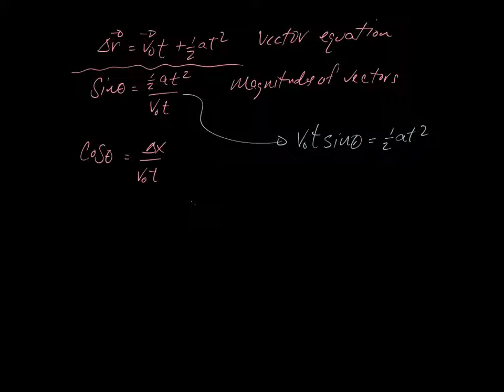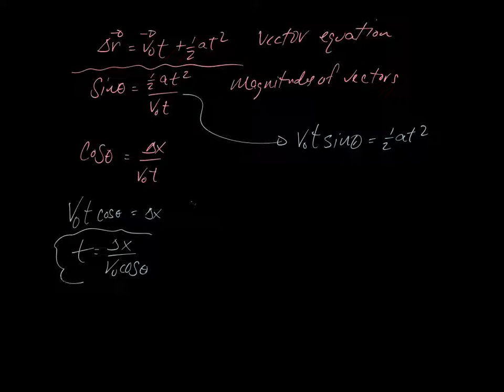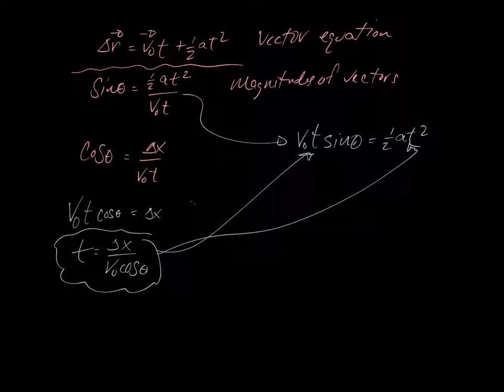Now with this one, I can say v naught t cosine theta equals delta x, and then I can solve for t. So my strategy of why I'm doing this, you'll see in a minute. So t is delta x over v naught cosine theta, right? So my plan is to take that time and plug it in here and plug it in right there.